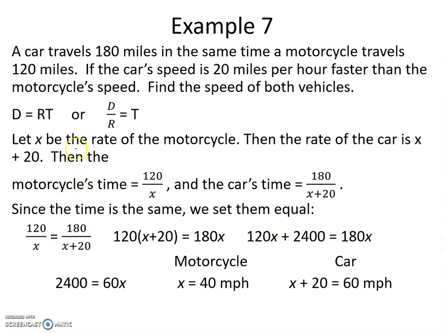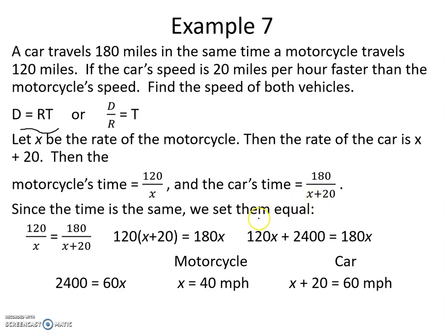Well, we know distance equals rate times time, and we can manipulate that to be distance divided by rate equals time by simply dividing both sides by r. Let x be the rate of the motorcycle, then the rate of the car is x plus 20. Then the motorcycle's time is 120 over x, and the car's time is 180 over x plus 20.